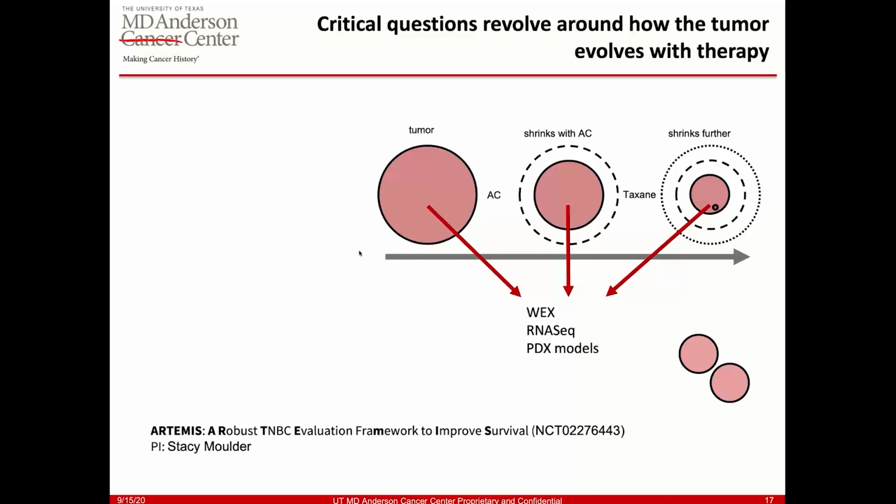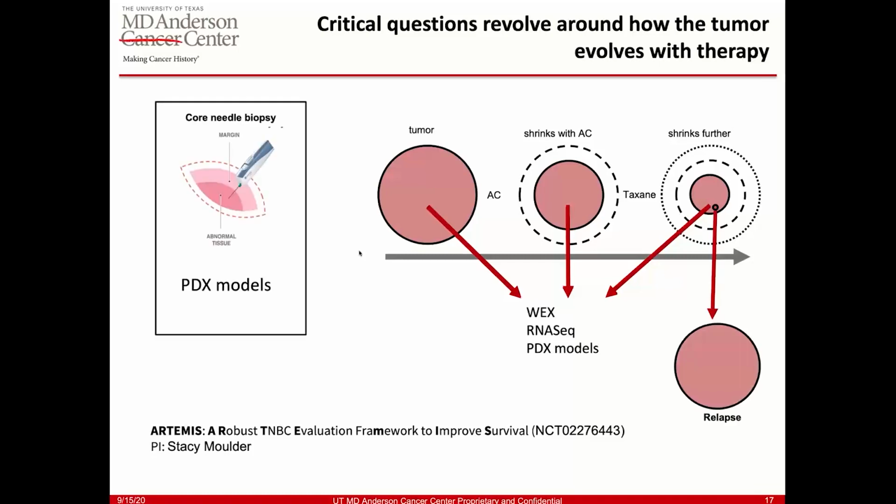And if it does not, then several biomarker matched experimental therapies are provided. Apart from that, longitudinal biopsies are performed, and molecular profiling is also done. So whole exome sequencing, RNA sequencing, and also creation of PDX models at multiple time points. And this allows us to understand these tumors better.